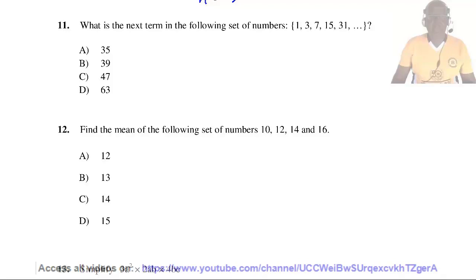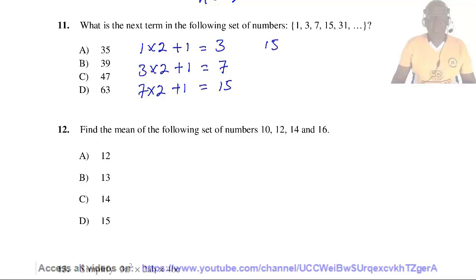Take note that 1, which is the first term, times 2 plus 1 will give us the second term, which is 3. 3, the second term, times 2 plus 1 gives the third term, 7. 7 times 2 plus 1 gives the fourth term, 15. 15 times 2 plus 1 gives the fifth term, 31. 31, the fifth term, times 2 plus 1 will give us 63, which is the sixth term. So the answer is D.